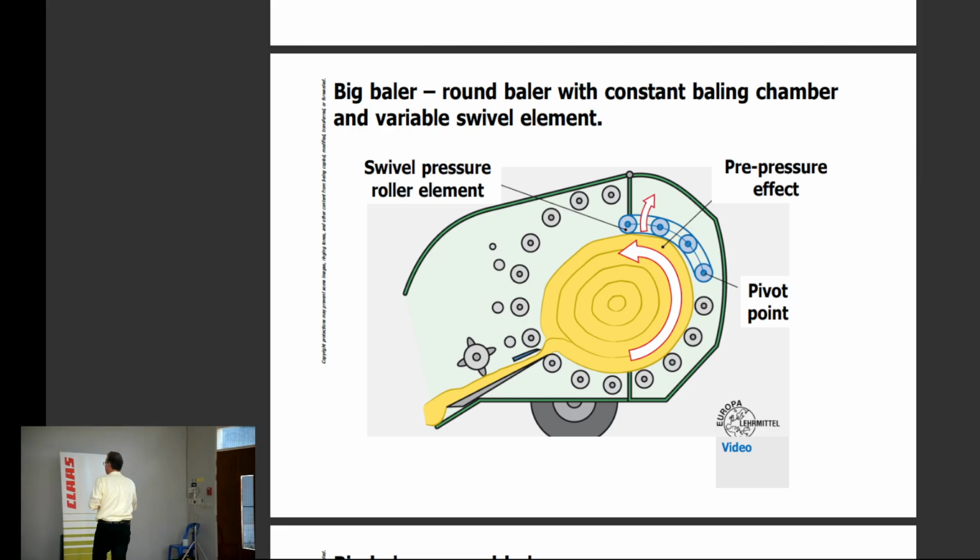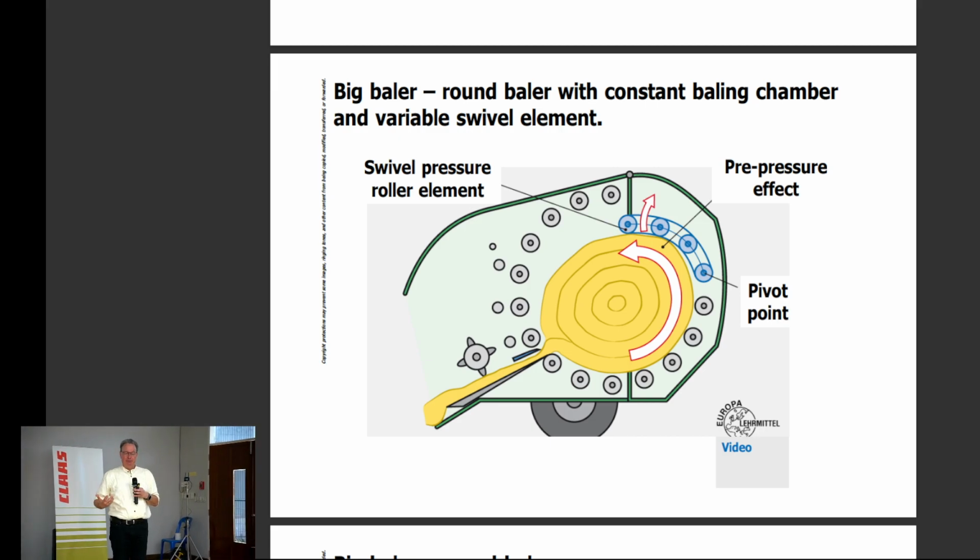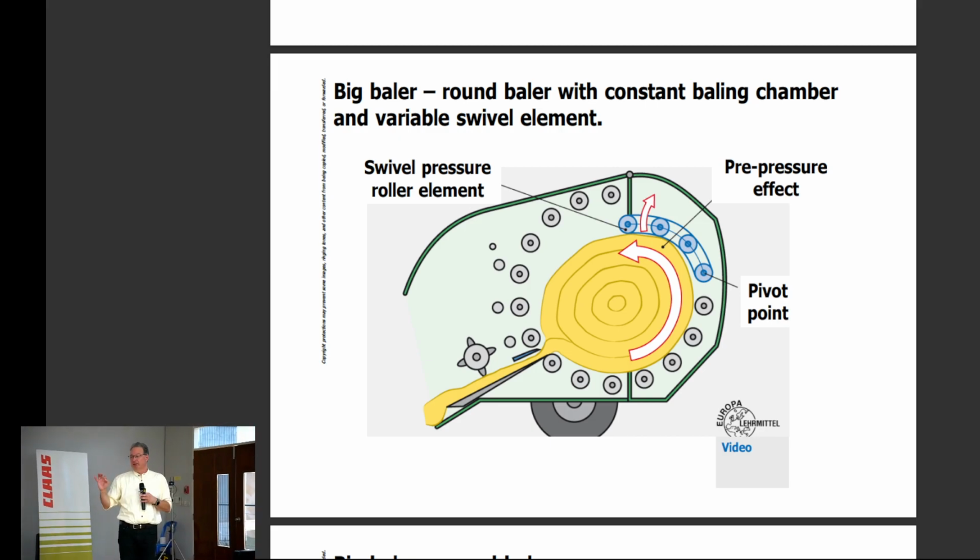So they said, okay, we have this kind of swivel element here, so you can level it down. So the compaction process starts a bit earlier. It's not so evenly compacted as with a variable pressing chamber, but still it is an improvement in comparison to the constant chamber.